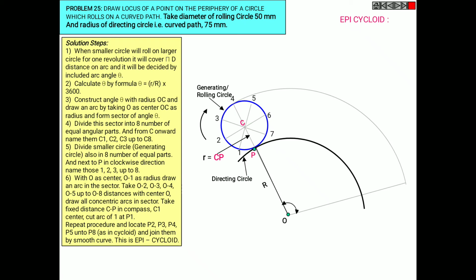So the values will be 25 by 75 into 360 degrees. So that gets you theta. Similarly, you have to divide this angle into 8 equal parts.